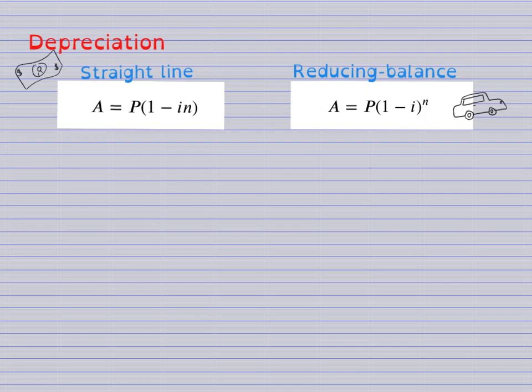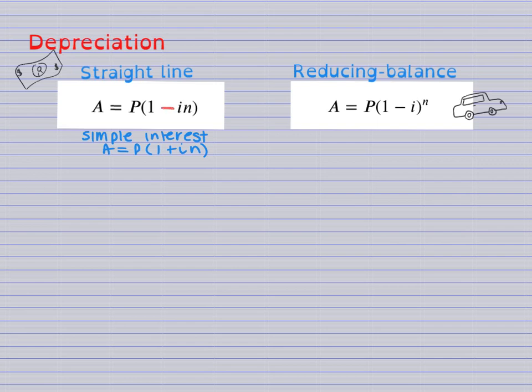And some of you might be looking at these two formulae and thinking, well, these are really familiar. And you would be right. This is so similar to the simple interest formula, right? Remember that simple interest was A equals P, 1 plus I times N. So what has happened is we've just simply replaced the plus with a minus.